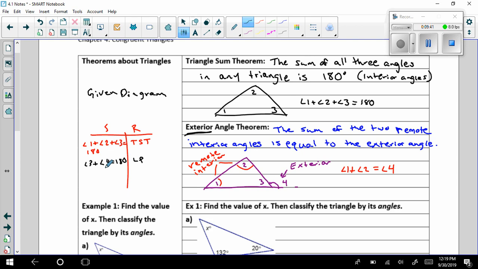So that means that angle 1 plus angle 2 plus angle 3 equals angle 3 plus angle 4 by substitution. And then we can finally conclude angle 1 plus angle 2 equals angle 4 by subtraction.